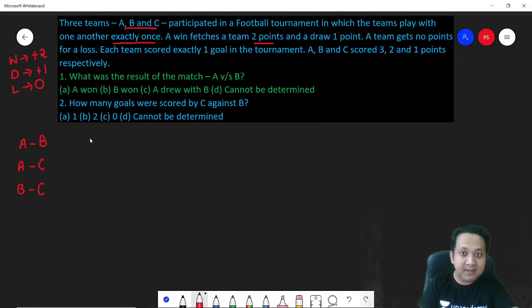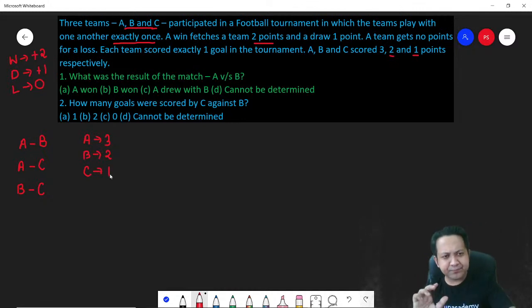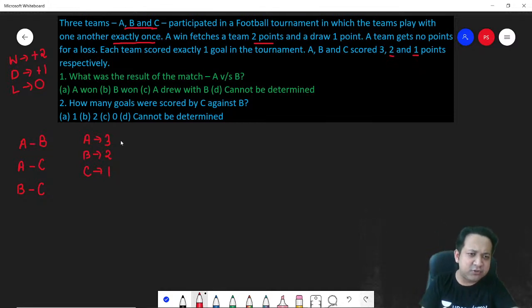Now remember, A has scored 3 points, B has scored 2 points, and C 1 point. Now think about it, every team has played 2 matches each: A, B; A, C; and B, C. A has scored 3 points.